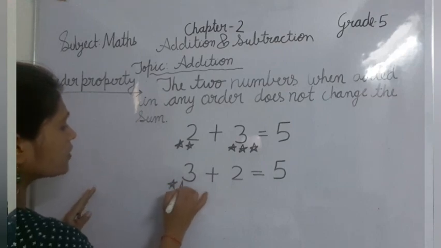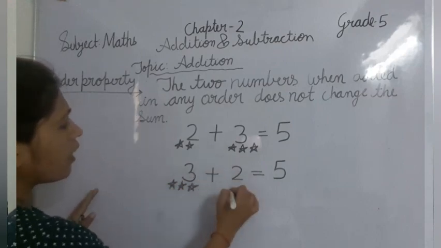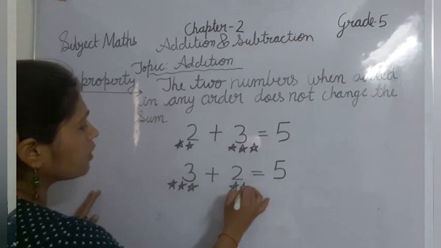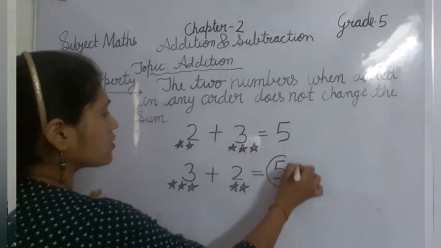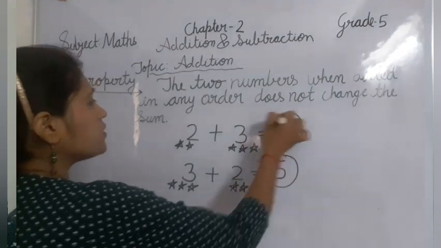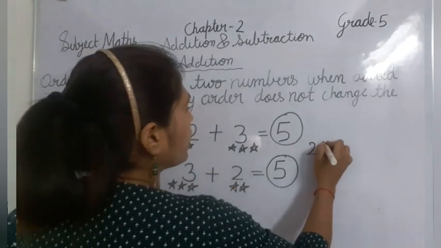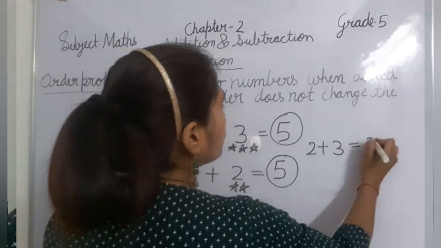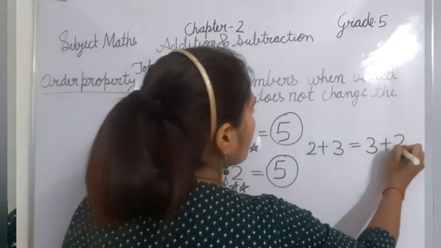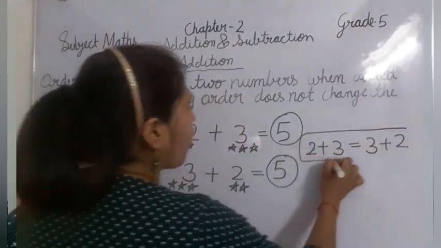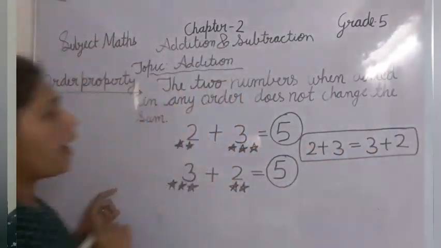Now 3 is at the first place, the first addend, and 2 is the second addend. Then the sum will not change, it will remain the same. So you can write 2 plus 3 equals 3 plus 2. This is called the order property of addition.